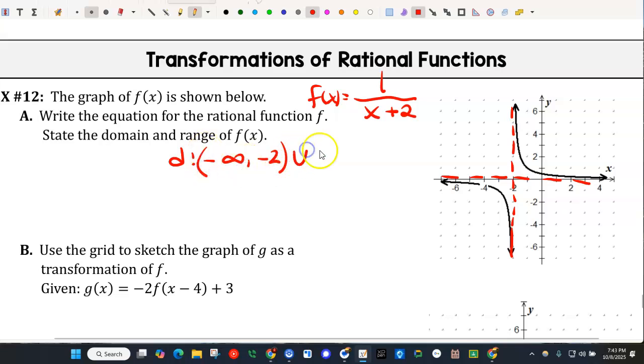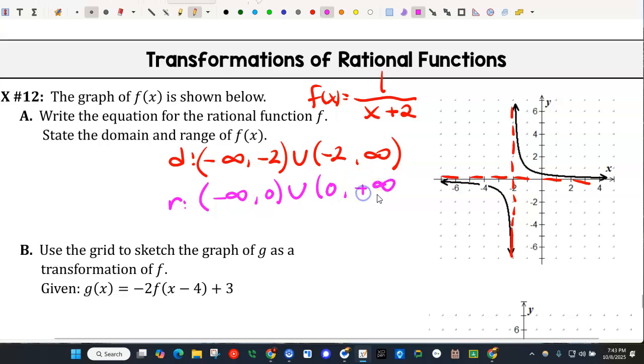That's everything but the asymptote. And for the range, it's going to be everything but the 0 asymptote. Same idea, just using 0 instead of -2. Positive, yeah, not negative. Positive, there we go.